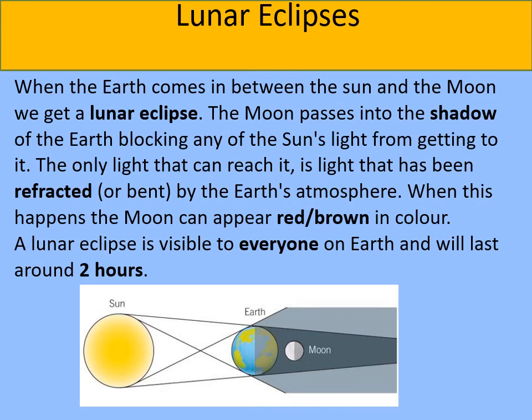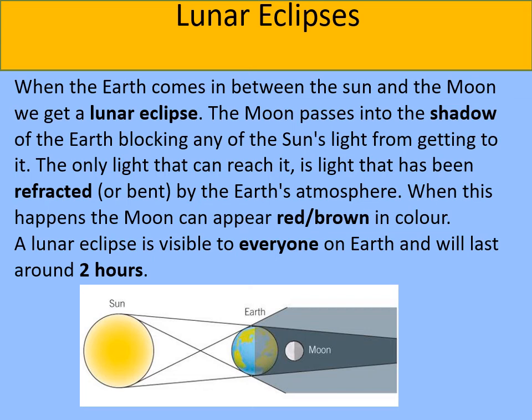Lunar eclipses happen when the Earth's shadow blocks the sun's light, which otherwise would reflect off the moon. You also get something called total lunar eclipses, and they happen when the Earth's shadow completely covers the moon. Essentially what we're saying is, as you can see in the diagram, that the Earth comes in between the sun and the moon.